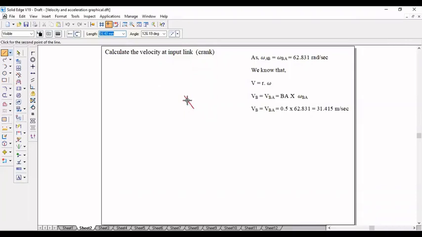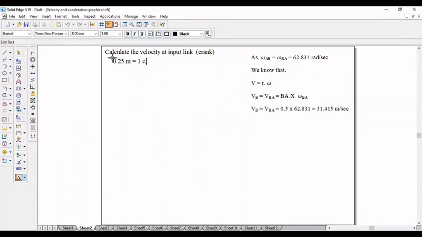So I'm going to construct the crank first. They have given 0.5 meter, which is 500 centimeters. It is too long, so I'll take a scale. You can take your own scale according to your convenience. I'm taking 0.25 meter is equal to 1 centimeter.